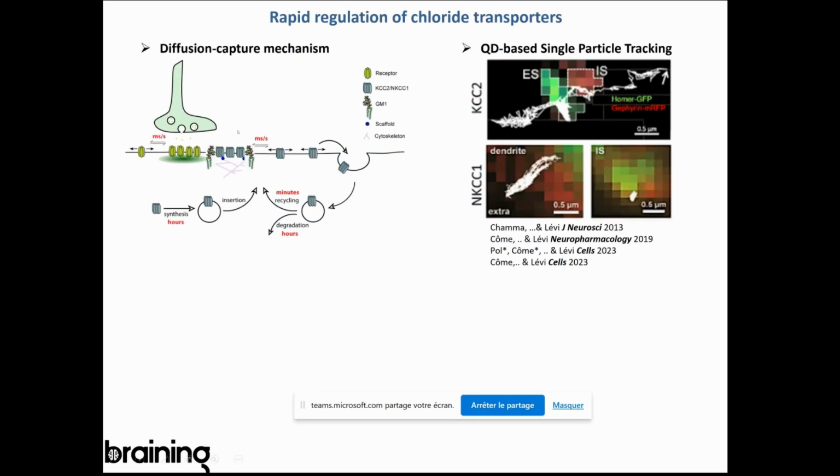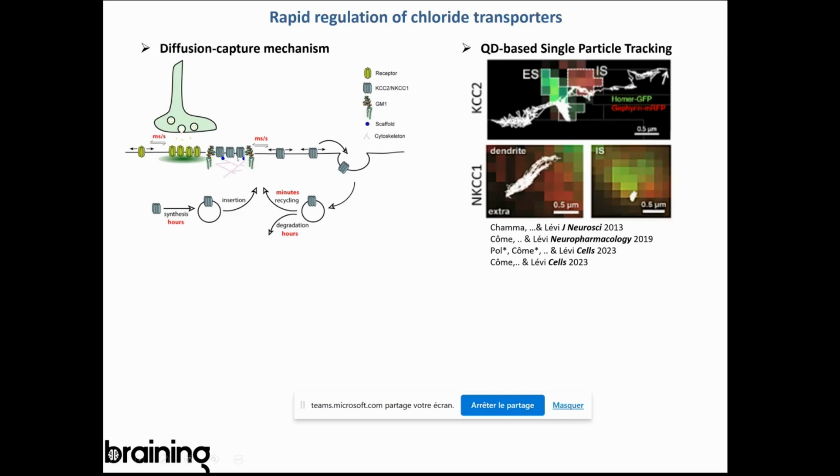And we showed that these transporters are perisynaptic actually, and they form these aggregates also, these clusters, and they respond to the diffusion mechanism that we found for the receptor. As you can see here, they diffuse fast outside of the synapse. They are confined near the synapse, but they can escape the synapse.